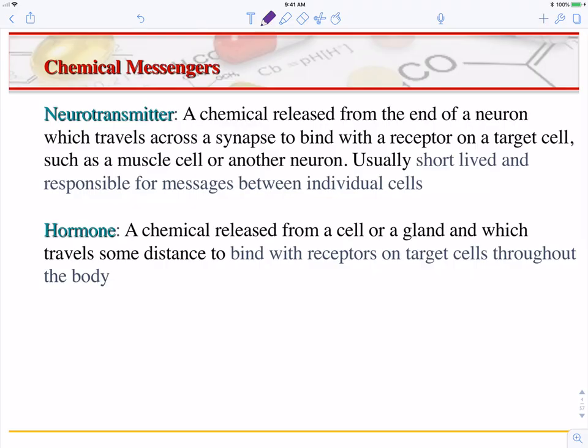Then we have hormones, which are released in the bloodstream and basically reach another effector cell far away from where it has been secreted. So typically, we'll have a receptor that is activated by, for example, adrenaline, which is released by the suprarenal cortex, above the kidney.